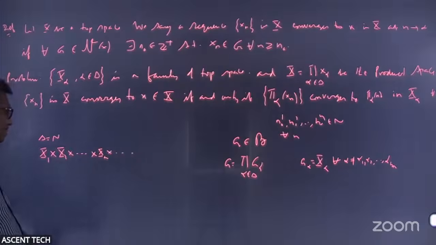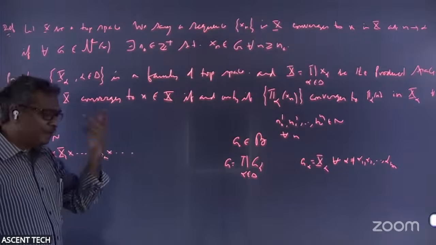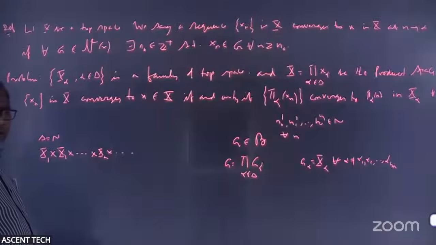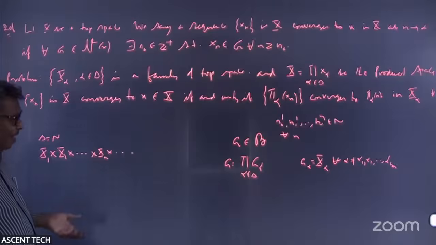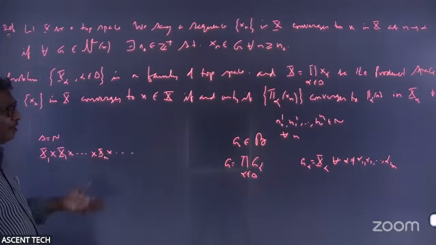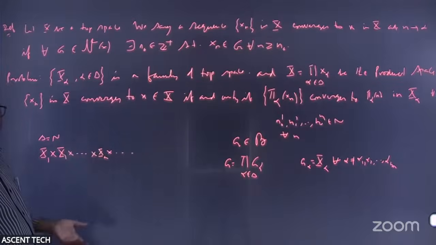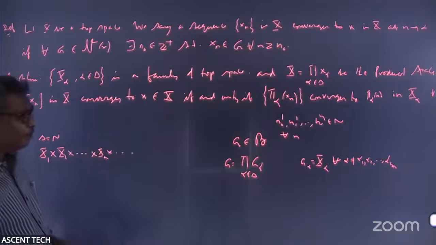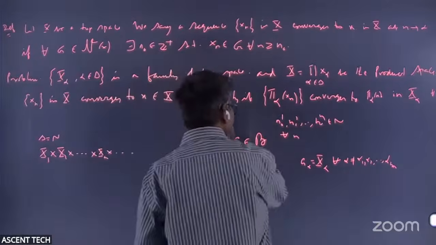Then this sequence will converge only when all the elements are one and the same, that is, it becomes a constant sequence. That's not a nice thing to talk about, but unless it is constant, it cannot converge. So that's the problem.